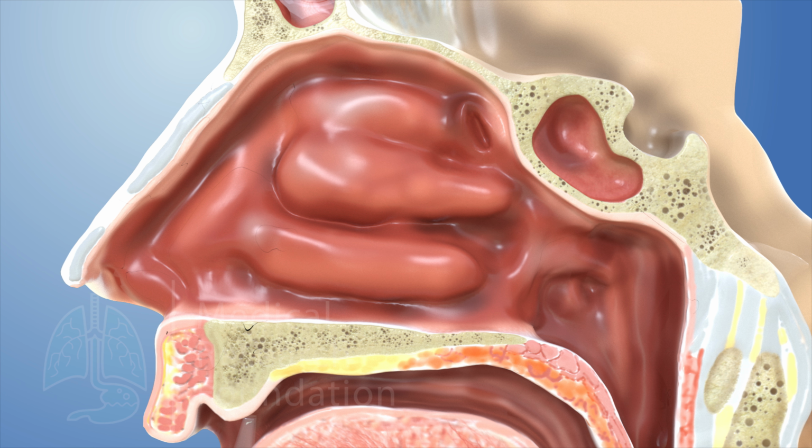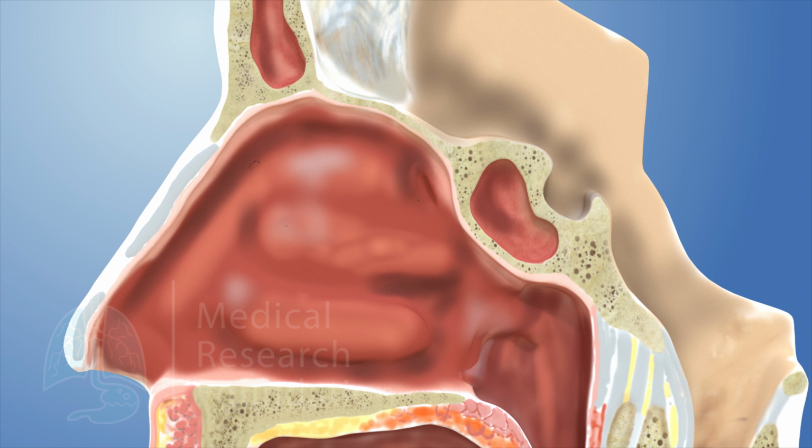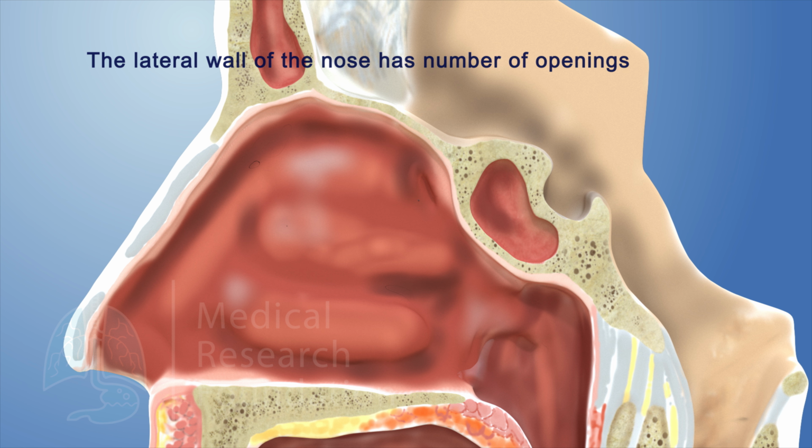In addition, it contains a large number of serous and mucous glands. The secretion of the serous glands makes the air moist, while the secretion of the mucous glands traps dust and other particles. Openings. The lateral wall of the nose has a number of openings.